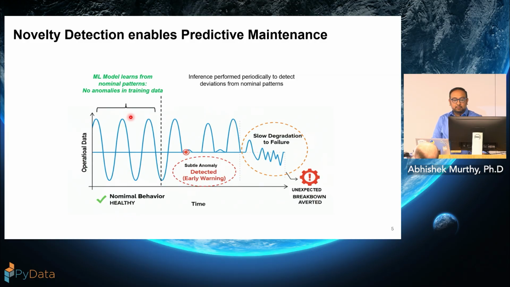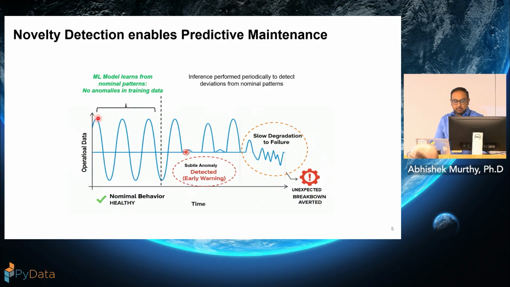In my world of industrial IoT, this can happen because you have just rolled out a new family of assets, so we haven't had any anomalies to observe yet. Or it could be the case that we just haven't kept a good track record of observed anomalies in the past, which happens quite often. So in novelty detection, the machine learning model just learns from nominal data. In that sense, it is a one-class classifier that we have all studied.